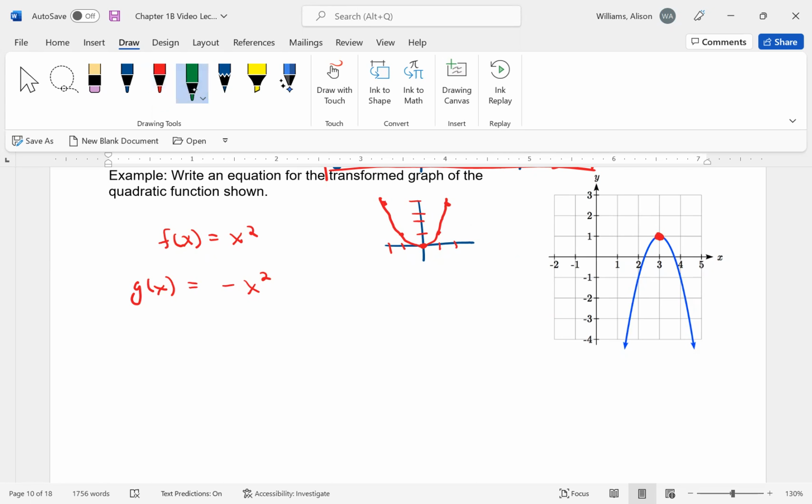So it moved left 3 and up 1. So left 3 then is going to be, I'm sorry, right 3. I said left 3 and that's right. Wow, right 3. I'm having trouble today. Need more coffee. So that's going to be -3 then, because it's moving to the right next to the x. And then the shift up 1 is going to be a +1 on the outside. Okay, so that's what we have so far.